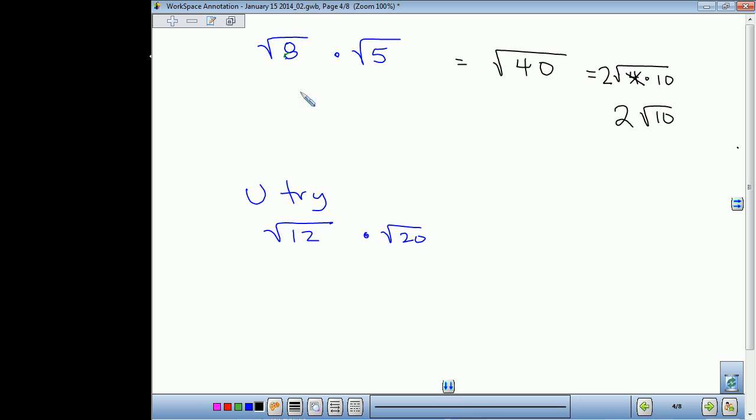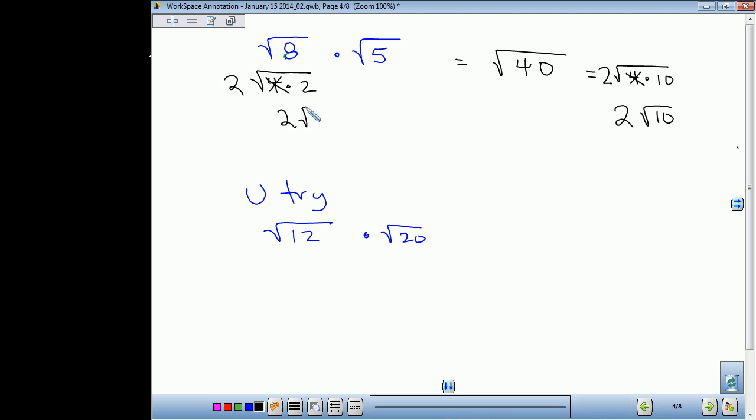Okay, let's do another method with this problem. I can multiply first and then simplify, or I could simplify first and then multiply. The square root of 8 breaks down into 4 times 2, doesn't it? And what is the square root of 4? 2.